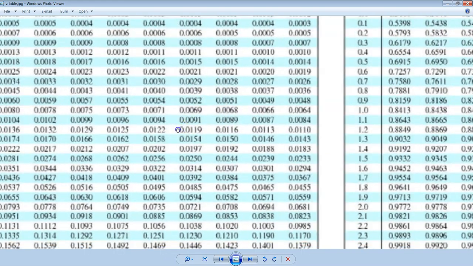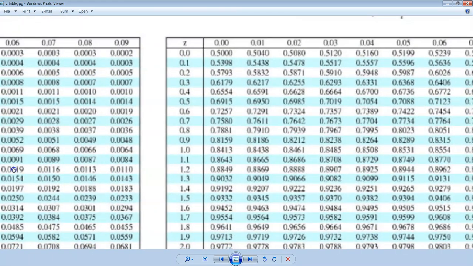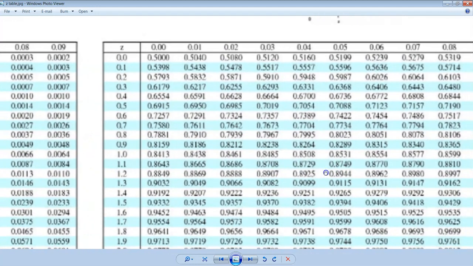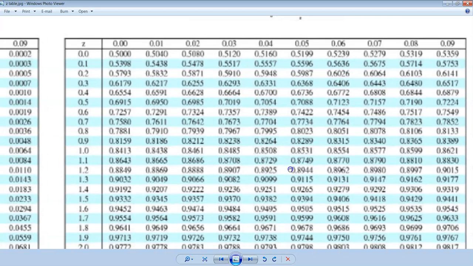So 0.85 in the middle of the table is right about here, so 1.04 is the closest.